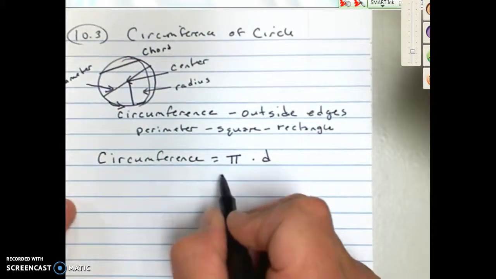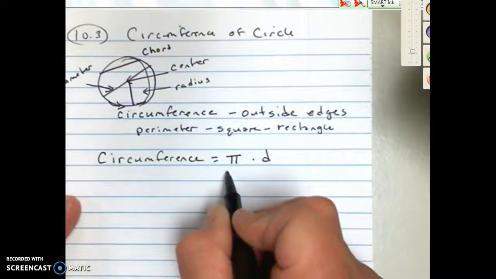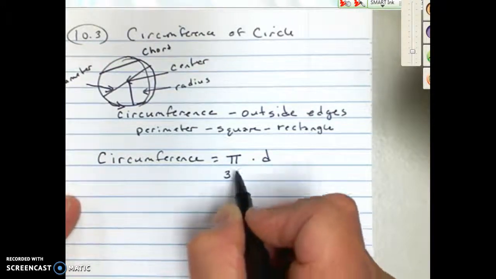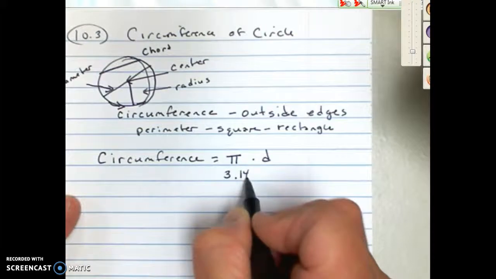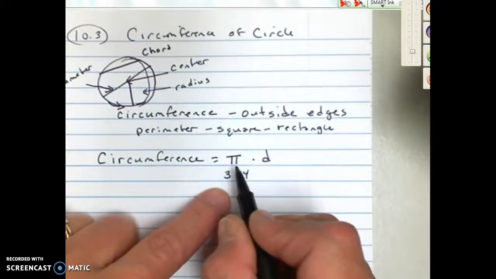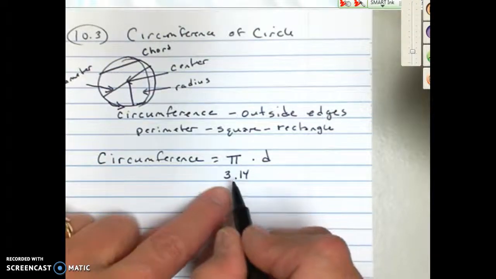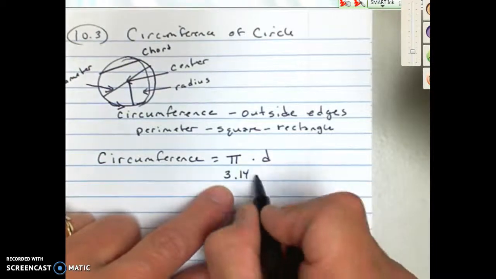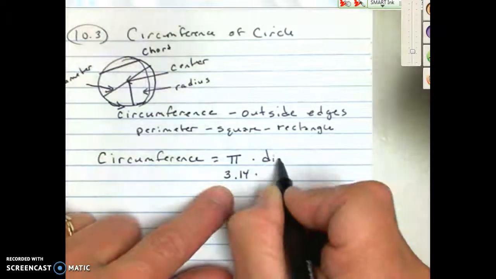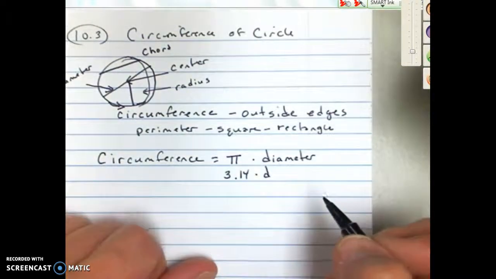Now, pi is a mathematical constant, and it is 3.14, calculated at that. And then times the diameter. I should write that out for you, and we're going to abbreviate diameter.